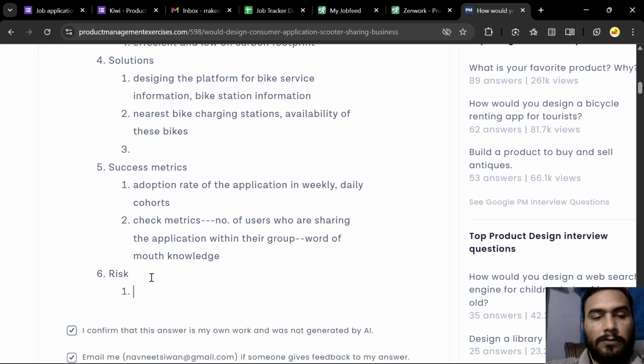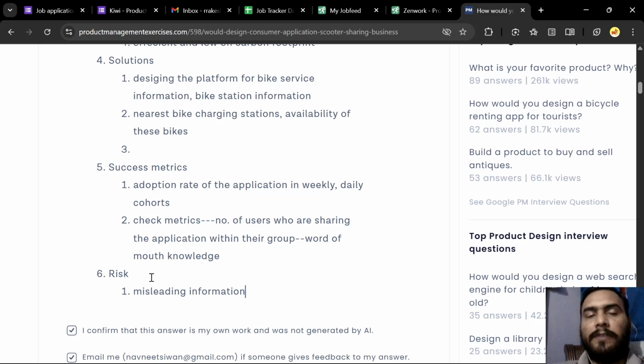Now moving on to the risk part that I can think of for this application that we will design, is misleading information. Since the core value that we provide to our selected user is the information, what is the availability of the bike, what is the distance between their current location and the nearest charging station.